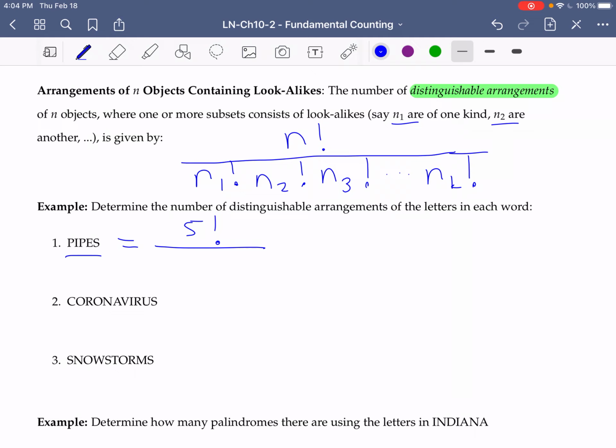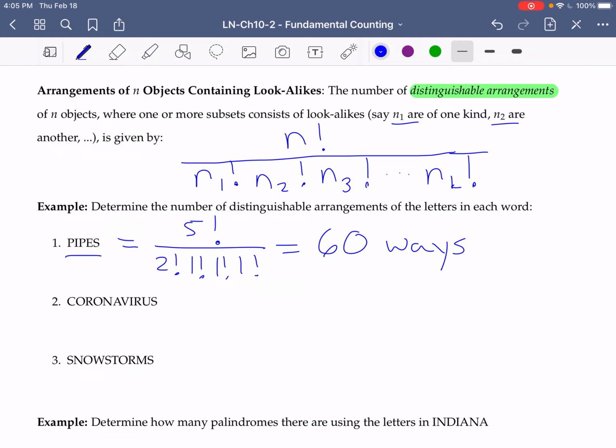How many P's? There are 2, so we divide by 2 factorial. How many I's? Just 1, so we divide by 1 factorial. How many E's? Also just 1, so another 1 factorial. How many S's? Still just 1. So we have 5 factorial divided by 2 factorial times 1 factorial times 1 factorial times 1 factorial, and when we do that, we get 60 different ways.